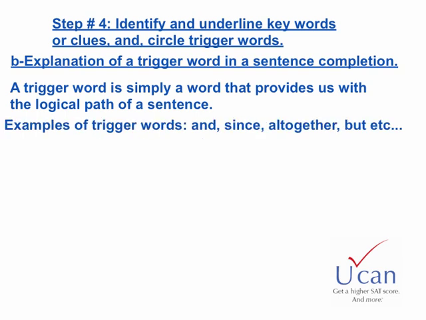Examples of trigger words are like, and, since, altogether, but, etc. So for instance, if I said, "she's very smart and blank," obviously, because the word and, which is a trigger word, will give us a hint as to what the missing word is, and of course it will be very similar to the word smart, okay? So that's an example of a trigger word.